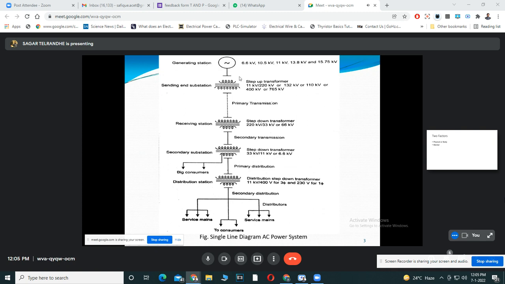This 765 kV power is fed to a receiving station, which steps the voltage down to 66 kV, then further down to 6.6 kV, and at last to 11 kV, and then by 400 volt or 230 volt, giving us a supply voltage of single phase and three phase.